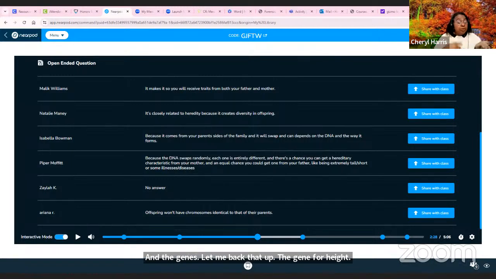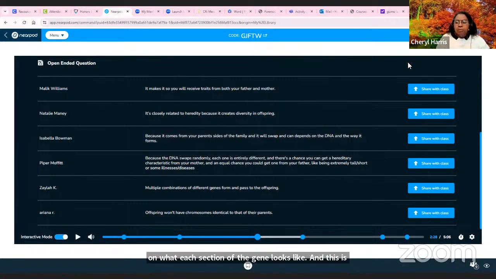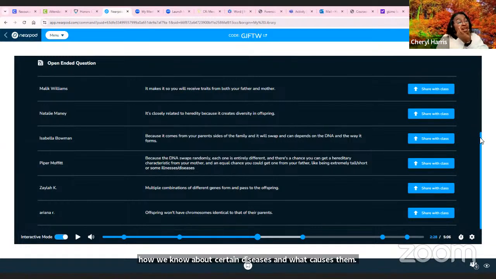So one parent could be tall, one parent could be short, but those genes will line up. And later on, we're going to talk about what happens when they're different. Okay, what do we see when they're different? We're going to talk about all of that. But they have done a lot of study on what each section of the gene looks like. And this is how we know about certain diseases and what causes them, because they have done what they call genetic mapping. Good question.